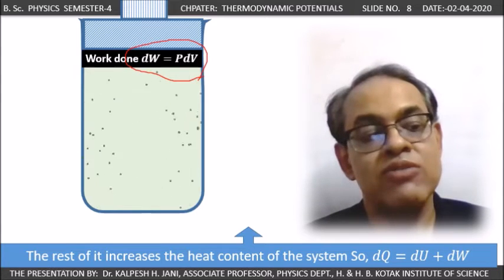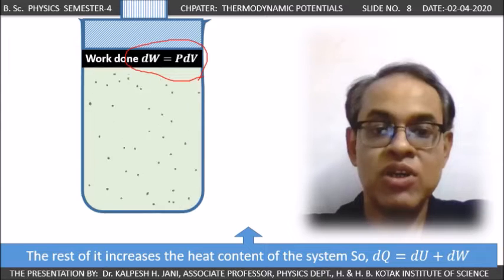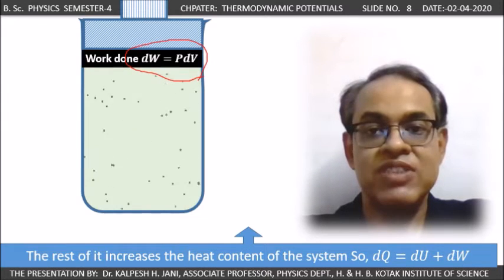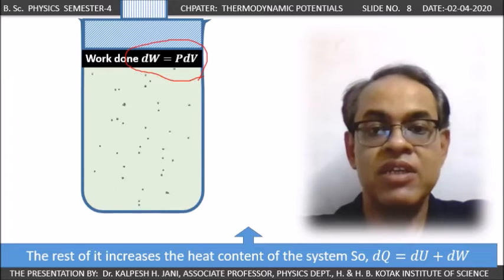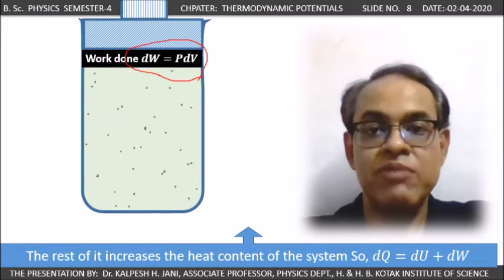So now we have to find out the first portion, which is dU, the heat which is retained with the system after the supplement of the dq amount of heat.